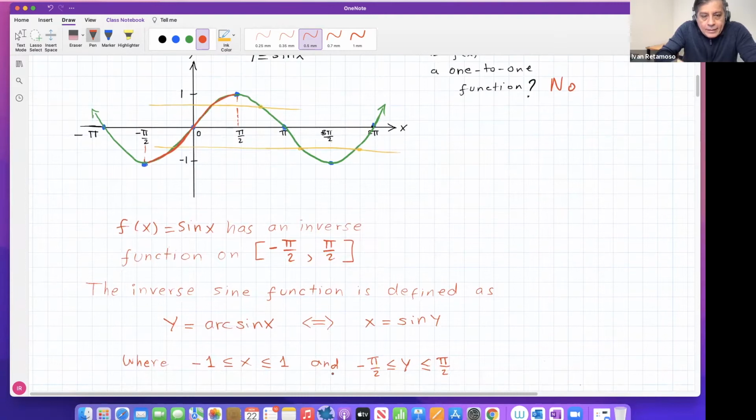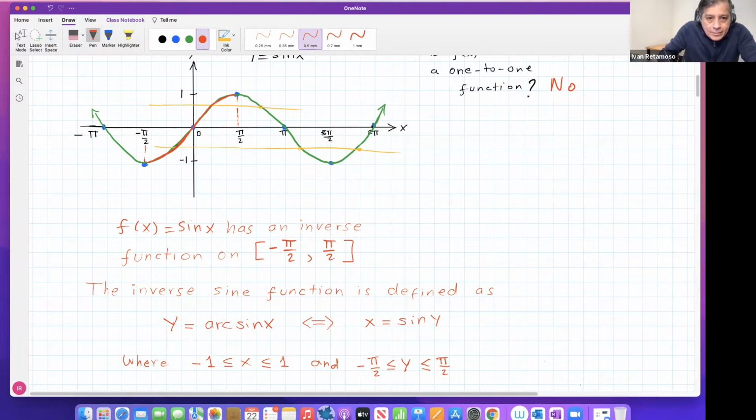But we have to make sure that when we say that, our x is between -1 and 1, and our y is between -pi/2, minus 90 degrees, and pi/2, 90 degrees.